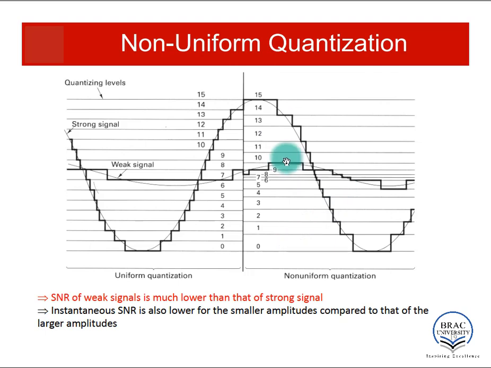So we do it, and there is a certain significance or benefit of doing non-uniform quantization. Let me explain this. In most practical signals, for most of the time the signal is in a low amplitude range, and only for a certain time period does the signal rise to a high amplitude. Let's say human speech.